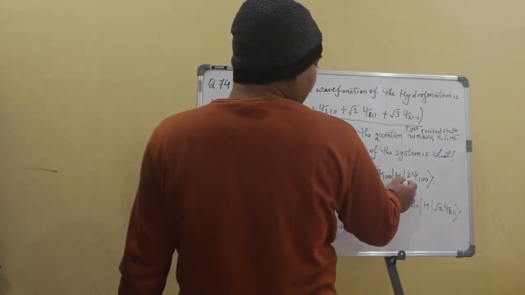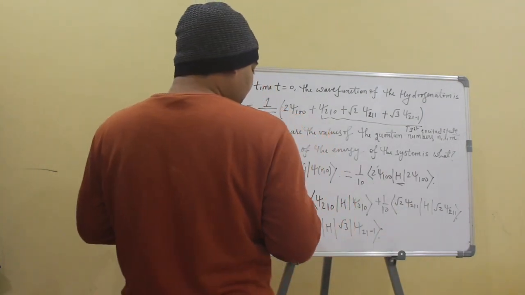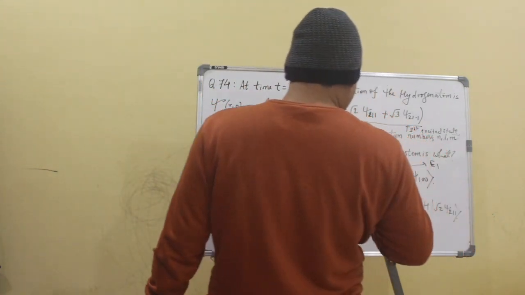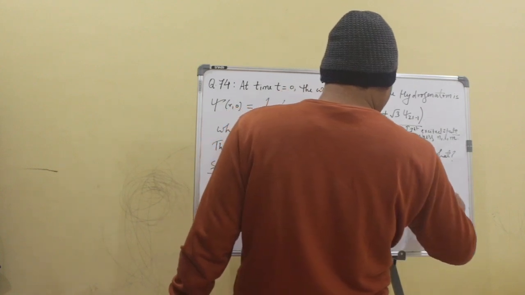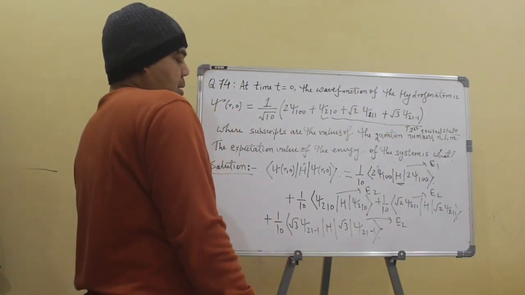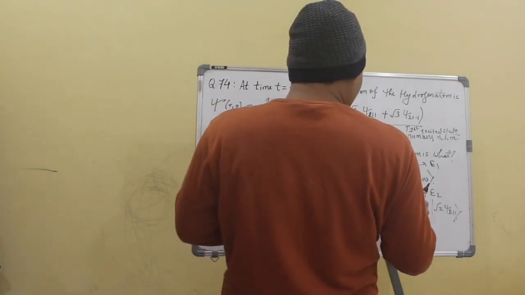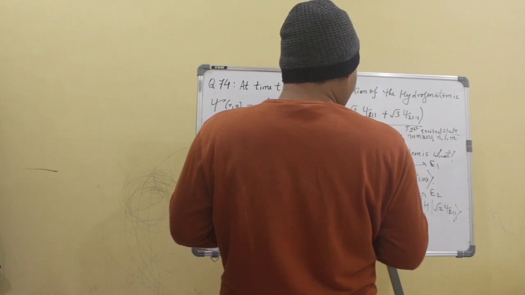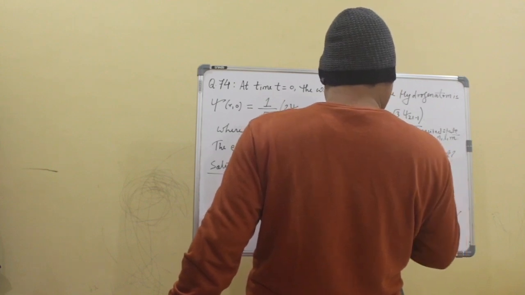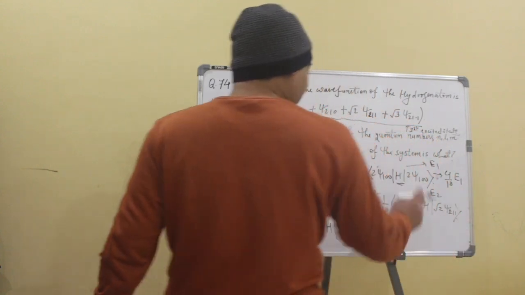When you simplify, the expectation value of H in the ground state is E1, so this will give you E1, and the others will give you E2, E2 and E2. Just simplify it: the 2 coming out, 2 multiplied by 2, gives 4 by 10 E1.